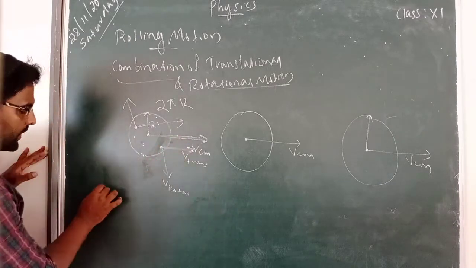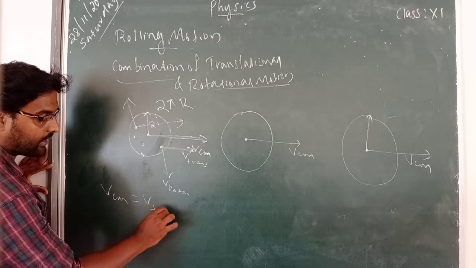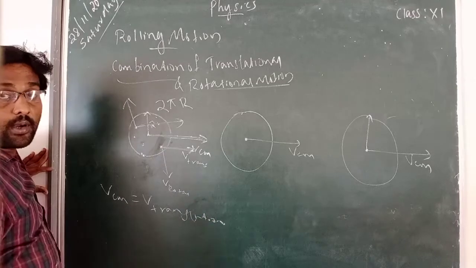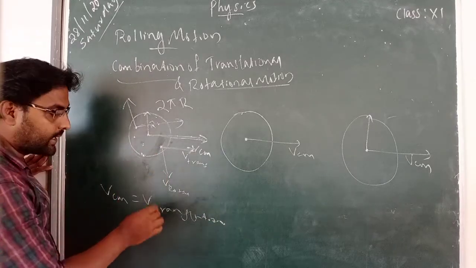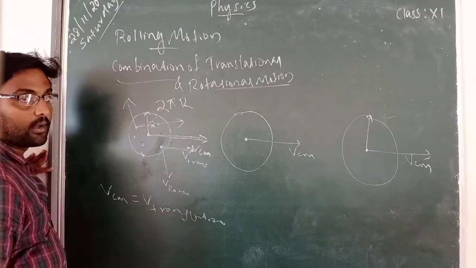So here you can write, based on this, VCM is equal to V translational. It means the center of mass always moves in a straight line path, so it possesses translational motion.